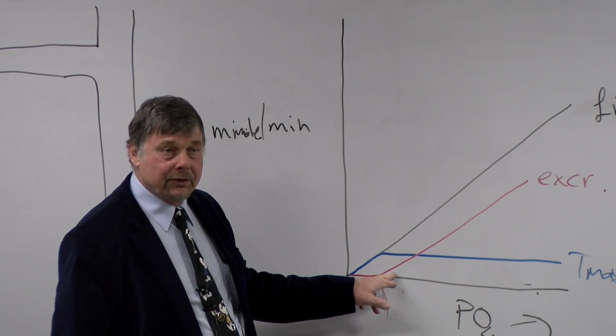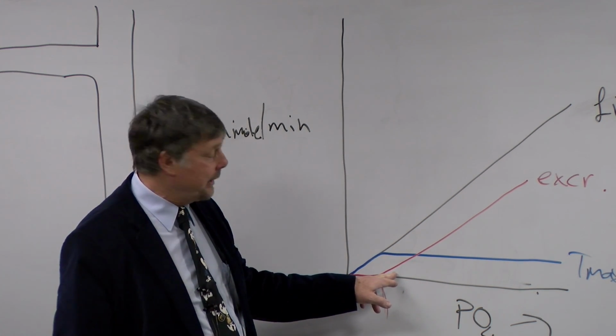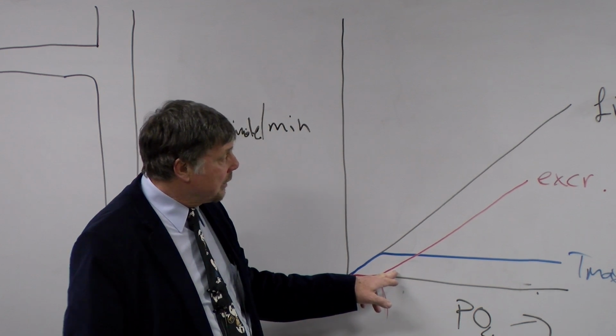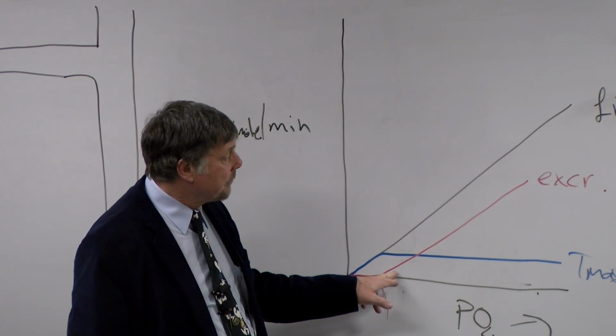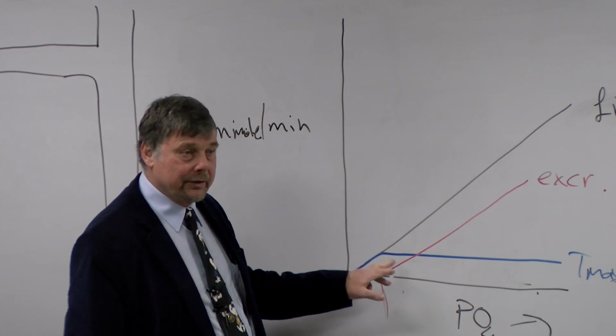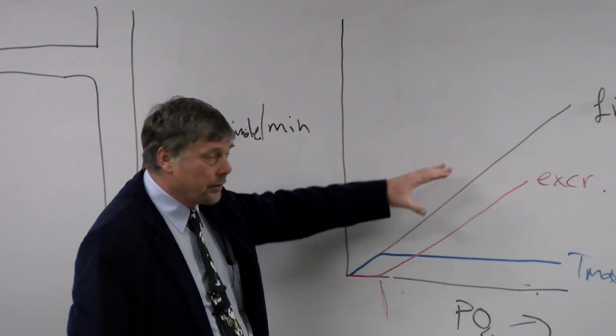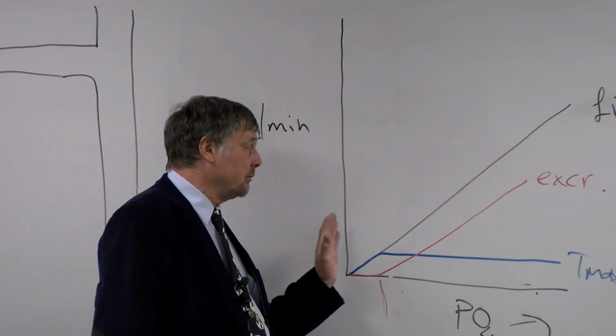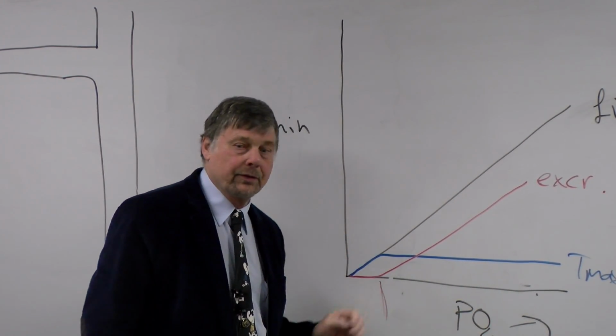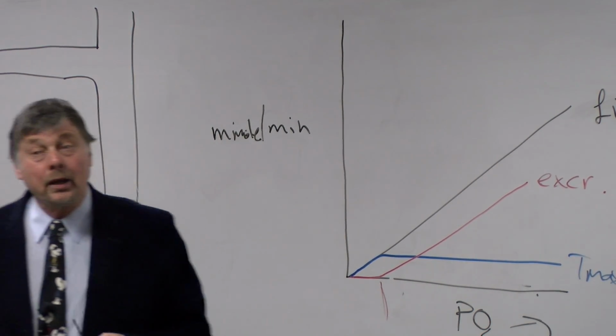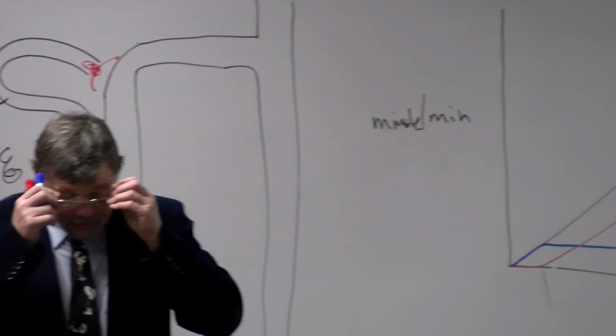So to some extent, there's an automaticity in being able to get rid of the appropriate amount of phosphate just based upon being at or around the Tmax. Make sense?